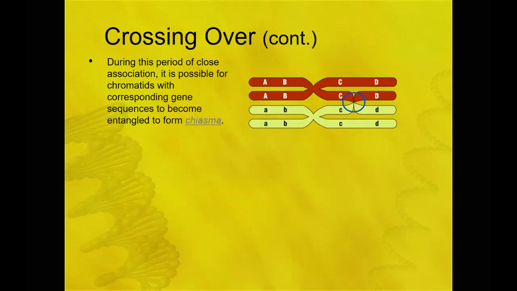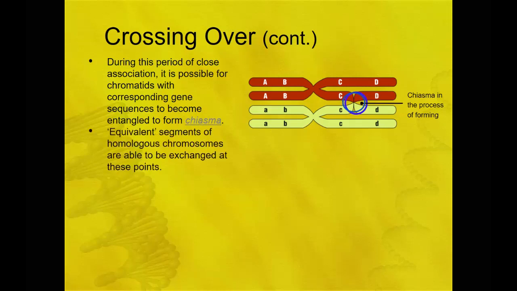So the chiasma is in the process of forming, and in this case, equivalent sections of the chromosome can be exchanged. Now, it's not always equivalent. Sometimes they exchange an uneven amount depending on how the overlap occurs.